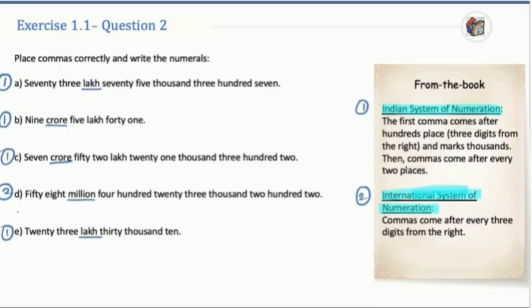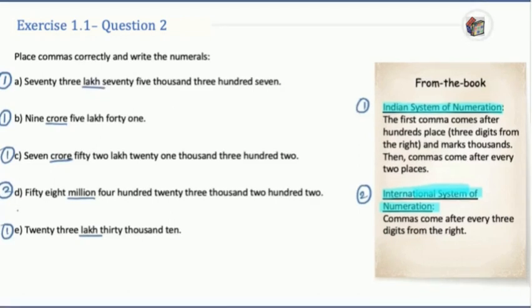But before we start thinking about commas, let's write the numerals. Students often get confused about writing the numerals. There's a small tip I have for you. When you're reading any number name, just keep underlining the moment you see a new unit in it. So for example, in part A, I have 73 lakh, which is the first unit. 73 are just numbers.